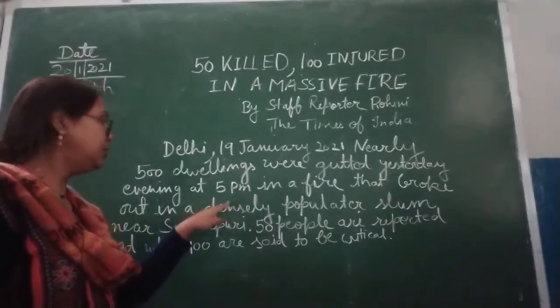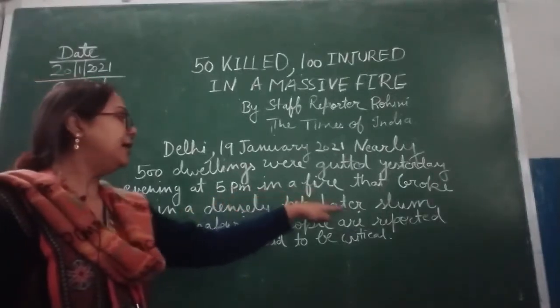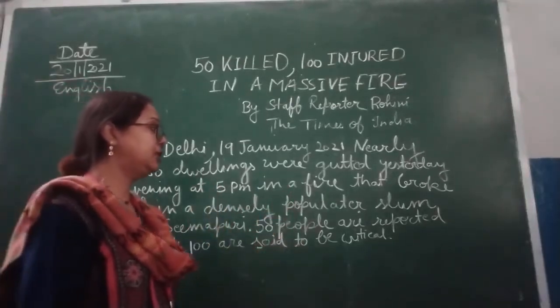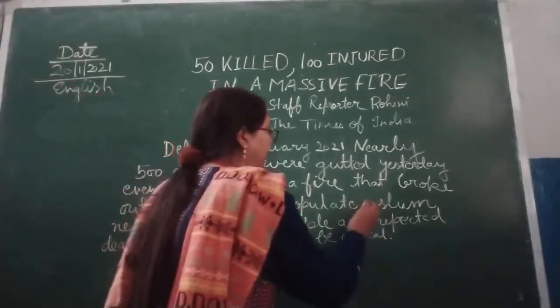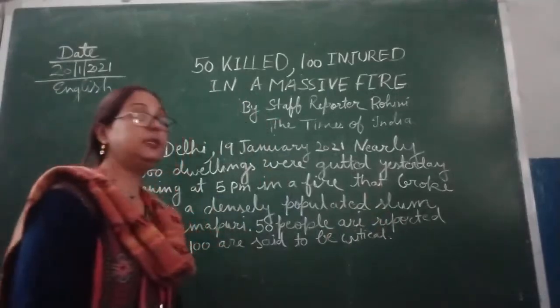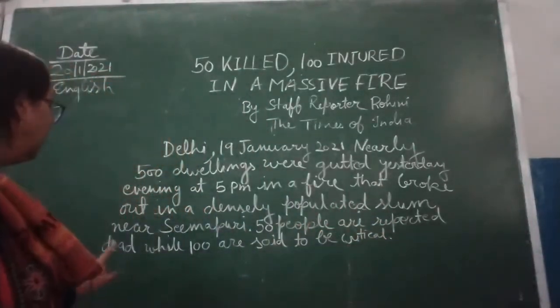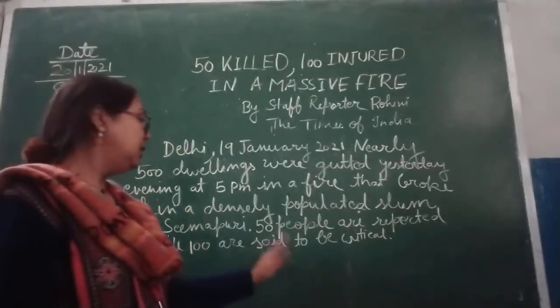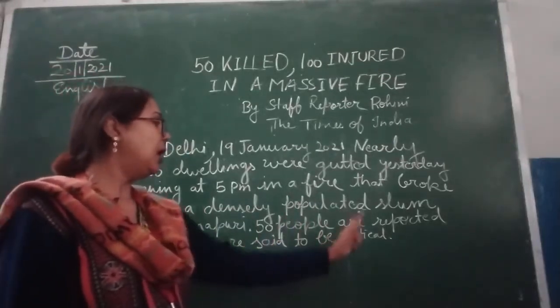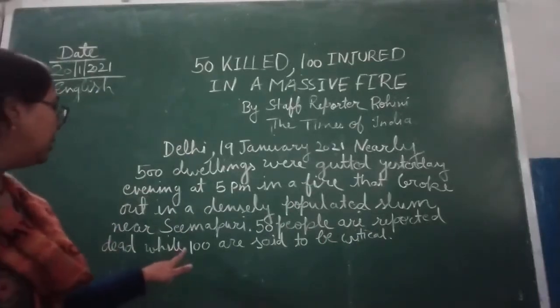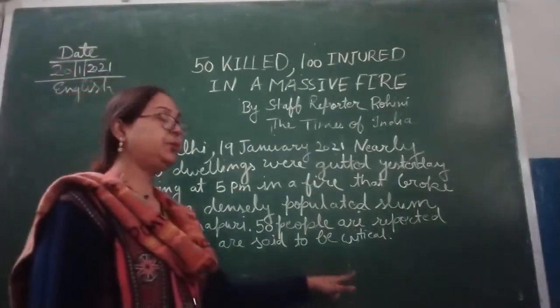So you have mentioned. Now, in a fire that broke out in a densely populated slum near Simapuri, 50 people are reported dead, okay, while 100 are said to be critical.